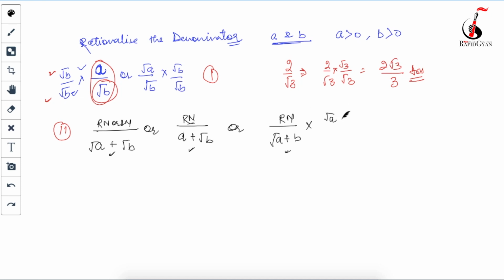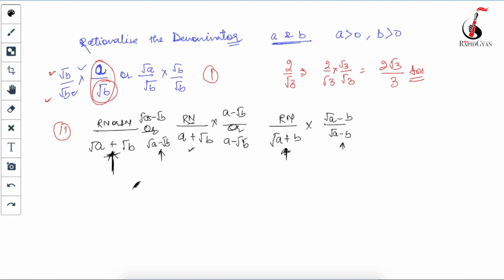In this case it will be under root a minus under root b upon under root a minus under root b. Understand? If here it's plus, here it will become minus, and it will go vice versa.